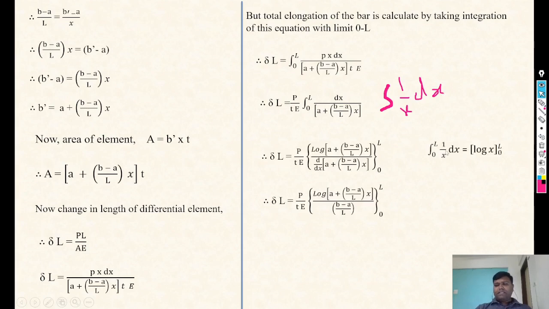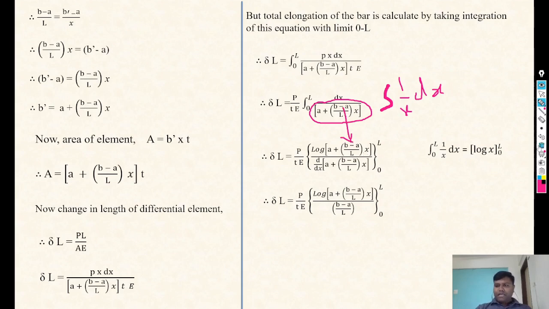Yes, integration of 1 by x dx is equal to log of x. So we are considering this total term as x, and the integration of that term is log of x, meaning log of (a plus (b minus a) by L into x).